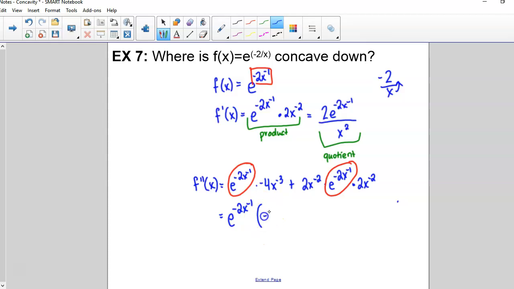That leaves us with negative 4x to the negative 3, plus, here we get 4x to the negative 4, because we will add the exponents.